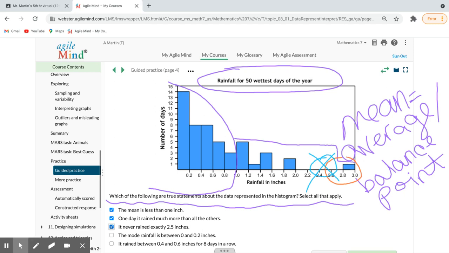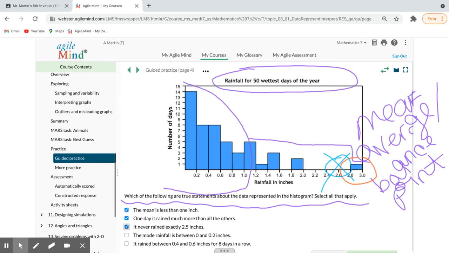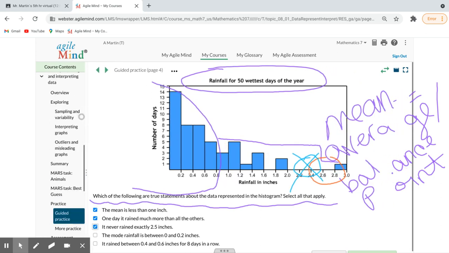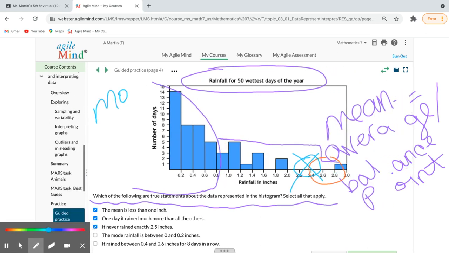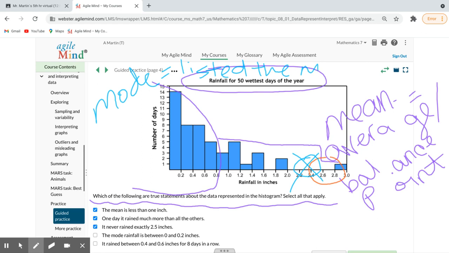Vincent, the next one says the mode rainfall is between 0 and 0.2 inches. Remember that the mode is what is listed the most in the data set. Do we have the data set, class?